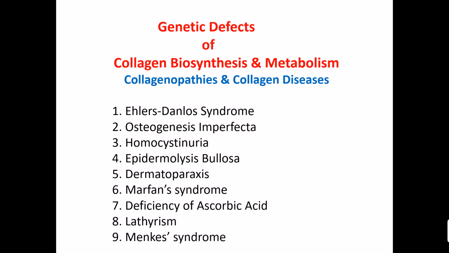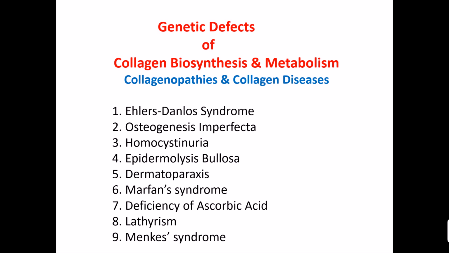Now come to the genetic defects of collagen biosynthesis and metabolism. So collagenopathy is when there is a genetic defect, and collagen disease when there is a deficiency of any molecule. There are 9 diseases we have enlisted here; from 1 to 6 these are genetic defects, and from 7 to 9 these are deficiency diseases.